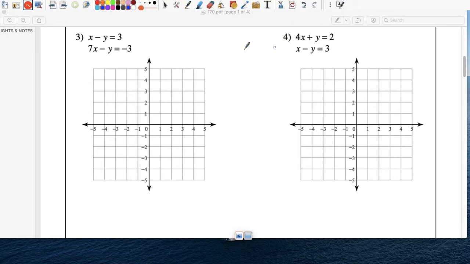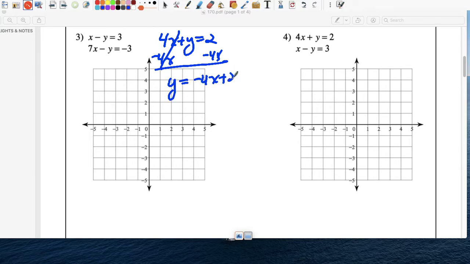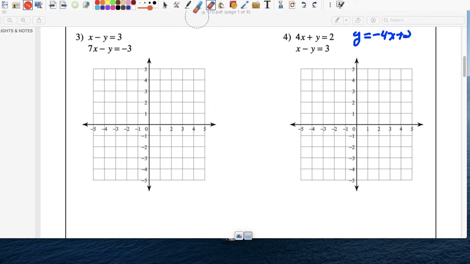Again, last one, we have to rearrange it. So let's rearrange the first one: 4x equals y over 2, minus 4x, minus 4x. Y equals -4x plus 2. So that's what the first one is going to look like. The second equation is x minus y equals 3.